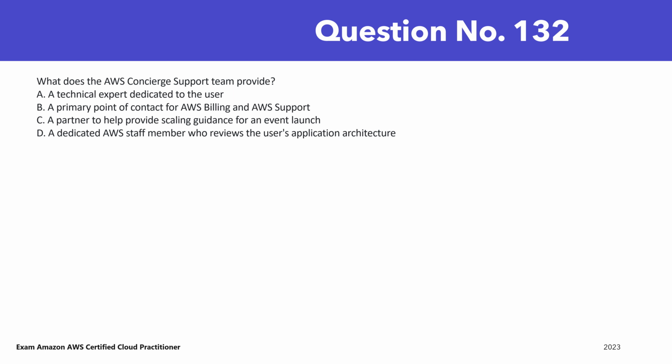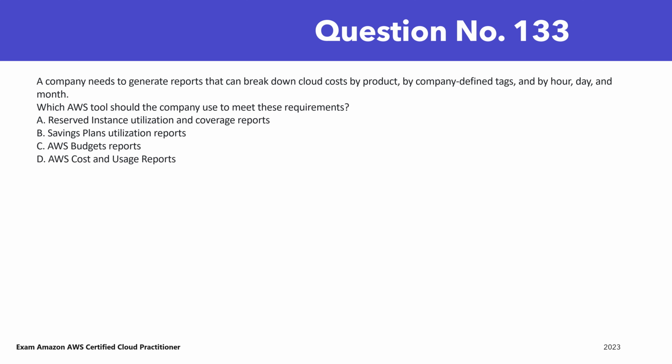A. A technical expert dedicated to the user. B. A primary point of contact for AWS billing and AWS Support. C. A partner to help provide scaling guidance for an event launch. D. A dedicated AWS staff member who reviews the user's application architecture. Correct answer, A.